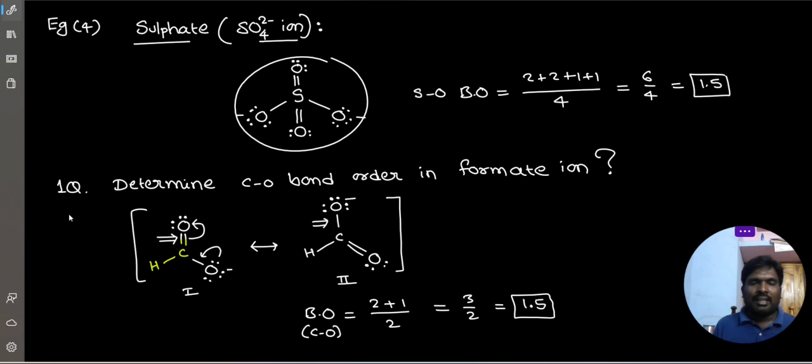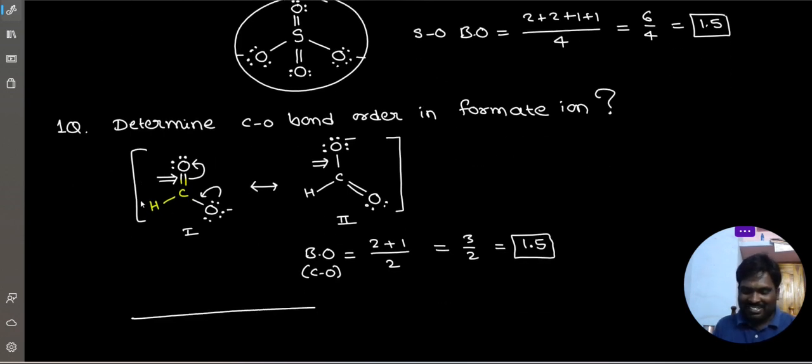For example, delocalizing in between a double bond and a single bond, in between 2 and 1, it is 1.5. Understood? What is the bond order definition? The number of bonds in between 2 fixed atoms is known as bond order. But for polyatomic ions, due to resonance, their bond order changes. Understood? This is a very, very important concept. I hope everyone understood this concept. Thank you so much.